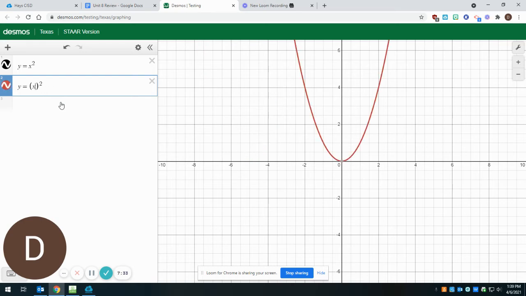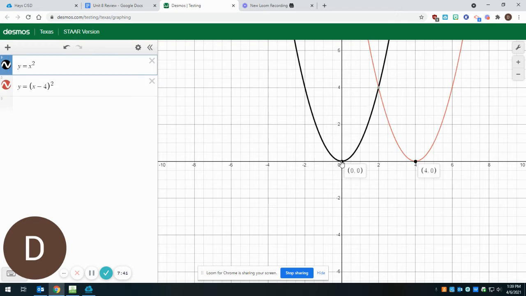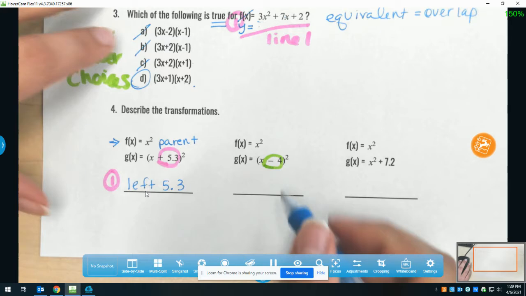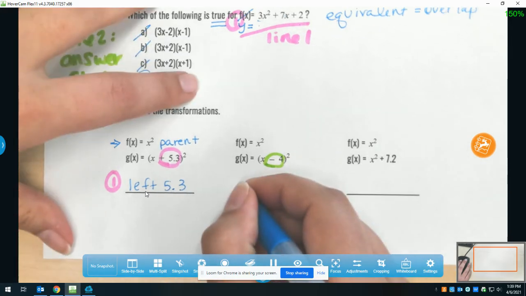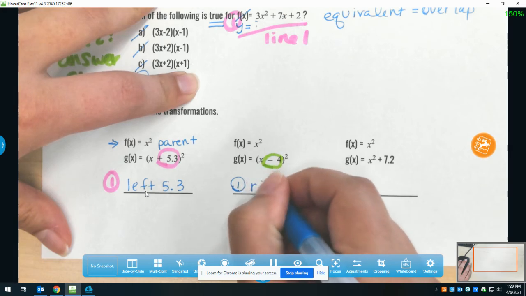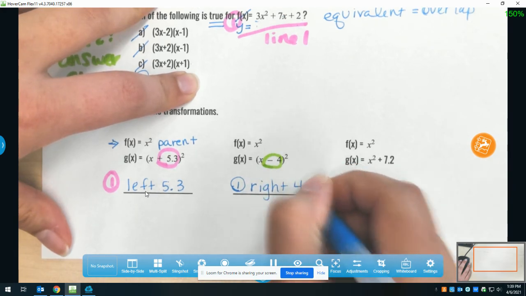So comparing that to what we just saw, similar in the sense that when we go vertex to vertex, the vertex started at 0, 0 and then now went right 4 units over to 4, 0, but no up down, no changing in the vertical stretching or compressing or any of that. So we have one transformation, and that was a move of right 4 units.